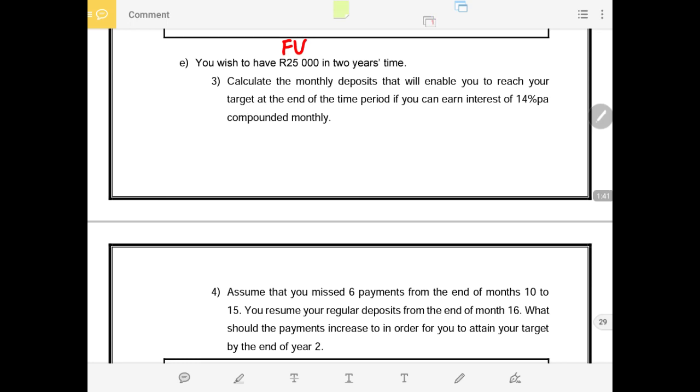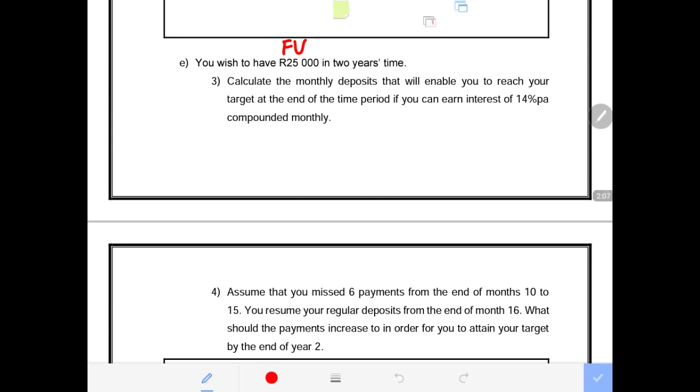Number 3 says, remember this is just continuing with the previous one, hence it's number 3. I decided not to have number 1, but it's E. It says under E number 3, calculate the monthly deposits that will enable you to reach your target at the end of the time period if you can earn interest at 14% per annum compounded monthly.